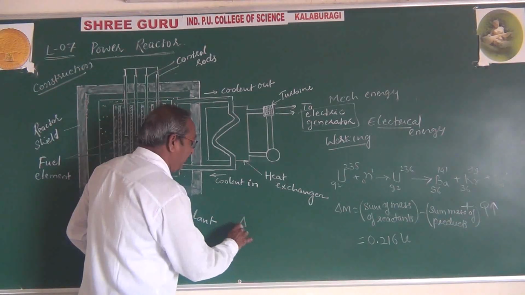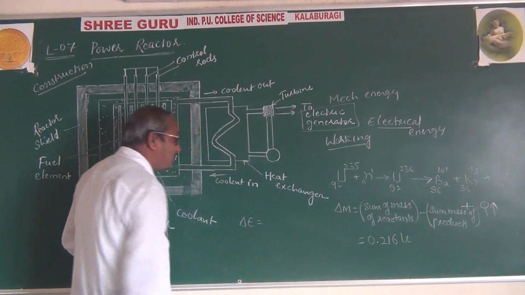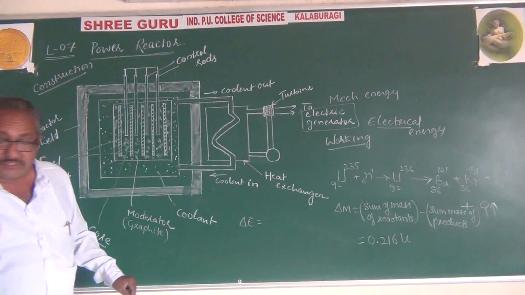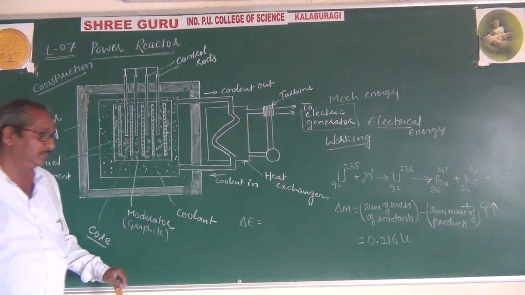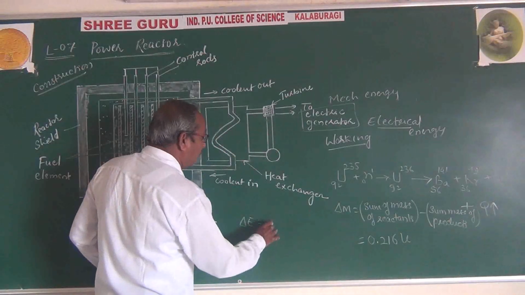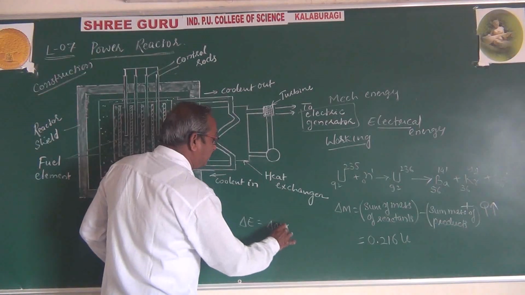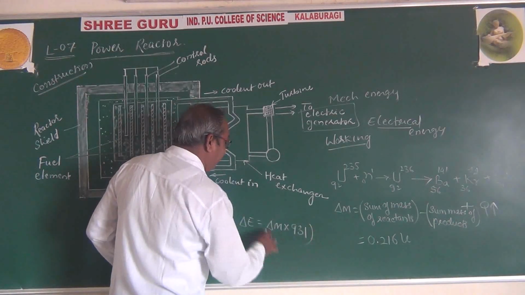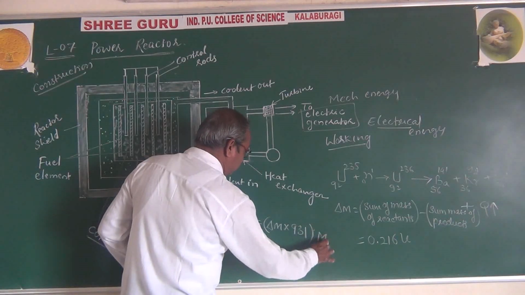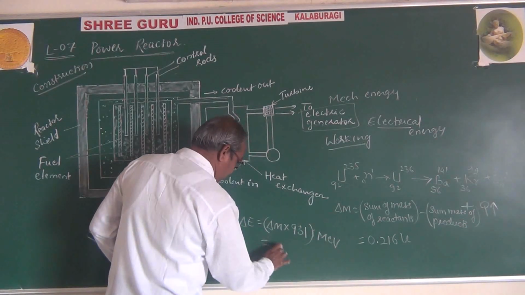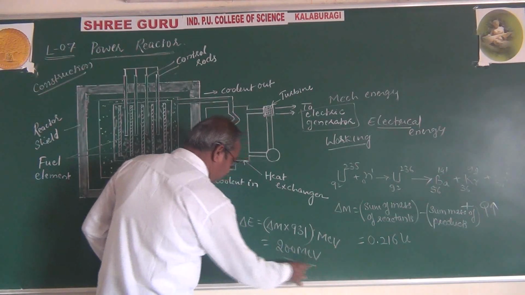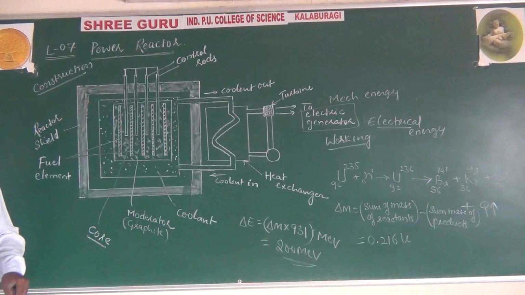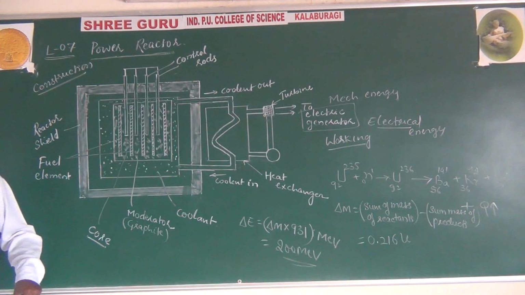So therefore the energy released during each fission, delta E equal to delta m into 931 mega electron volt, and this is about 200 mega electron volt. This much of energy will be released in each atom of uranium.